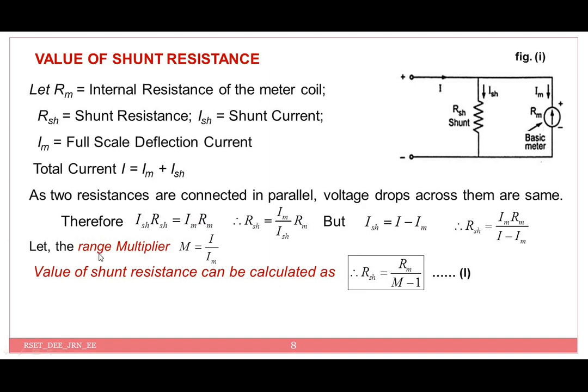So let us assume the range multiplier. Let us take a new constant m is equal to I divided by Im, which is called the range multiplier or the multiplying factor or the multiplying power. So m is equal to I divided by Im. On simplifying this, you will get RSH, the value of shunt resistance, is equal to Rm divided by m minus 1.